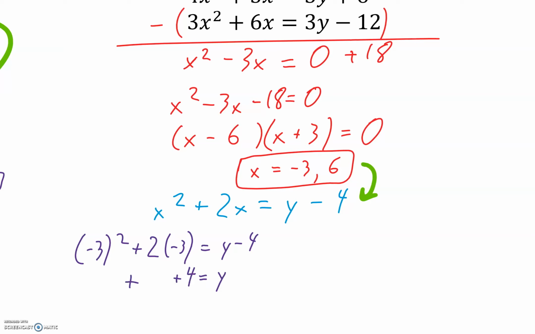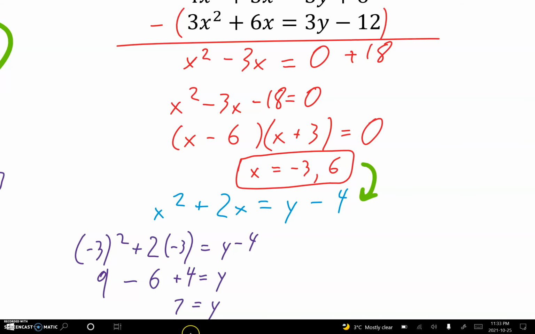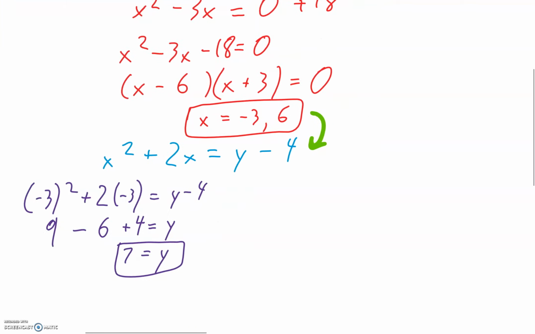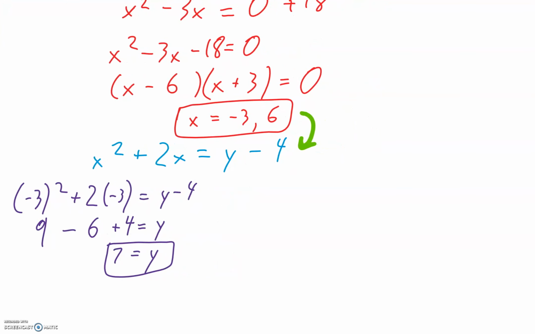We're going to have a -6 here, and we're going to have a 9 here going straight down. So -3 squared is 9. 2 times -3 is -6. And now if we simplify, we get y equals 7. Yep, that works out. Okay, so that is one of our two answers.